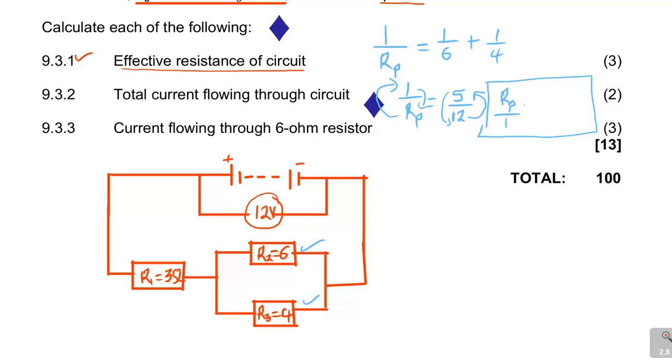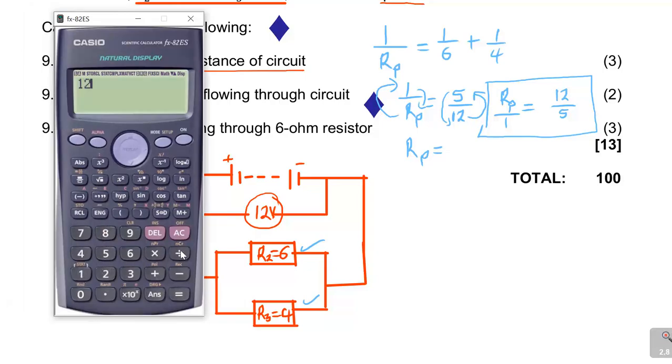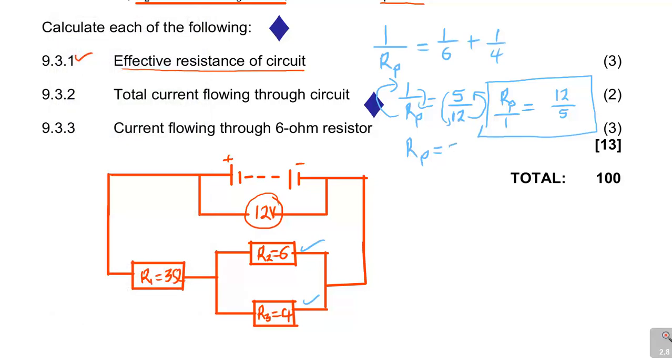RP over 1 is equal to 12 over 5. So it gives you your RP, which is 12 over 5. And you can find what 12 divided by 5 is, which is 2,4. Remember, resistance is measured in ohms. So that is the parallel combination.